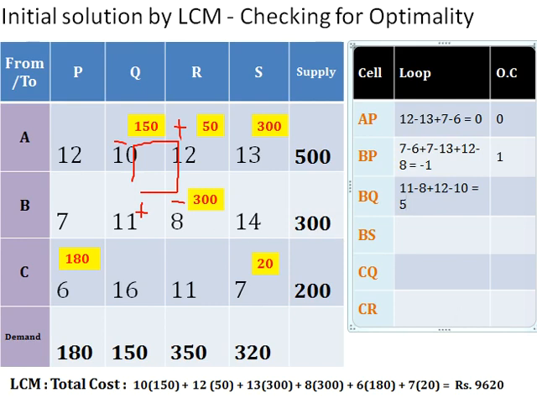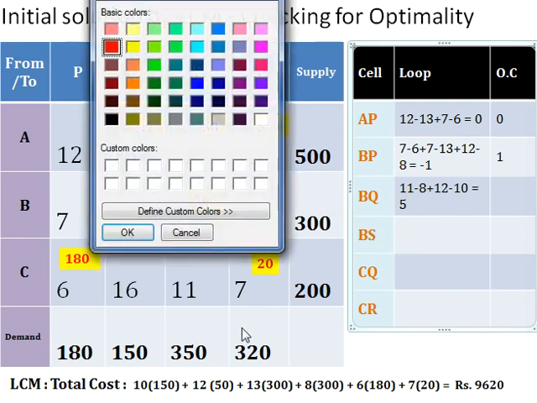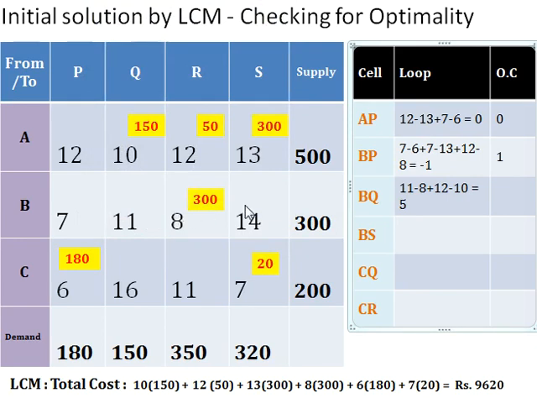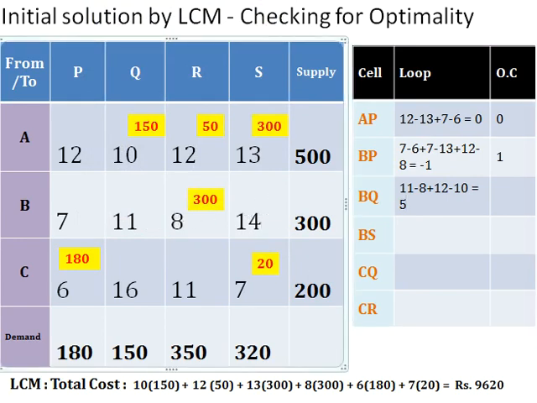Similarly, we will take another unoccupied cell, that is BS. So tracing the loop for BS. Again we can have occupied cells available nearby, like this.